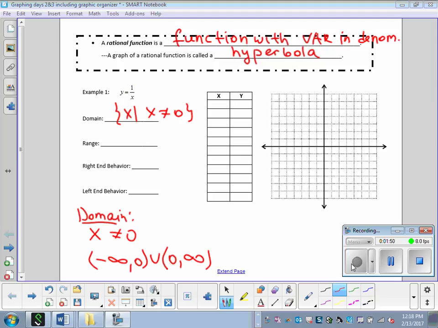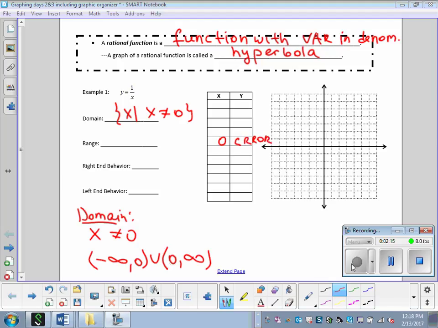Because we cannot divide by 0, right? If I choose x equals 0 and try to figure out my value for y, I would have to calculate 1 divided by 0, and that's undefined. So the domain is simple. If I choose 0 as my value for x, I'll get an error.